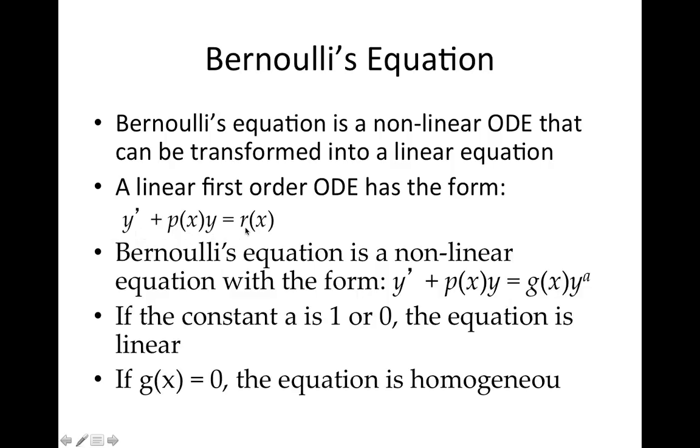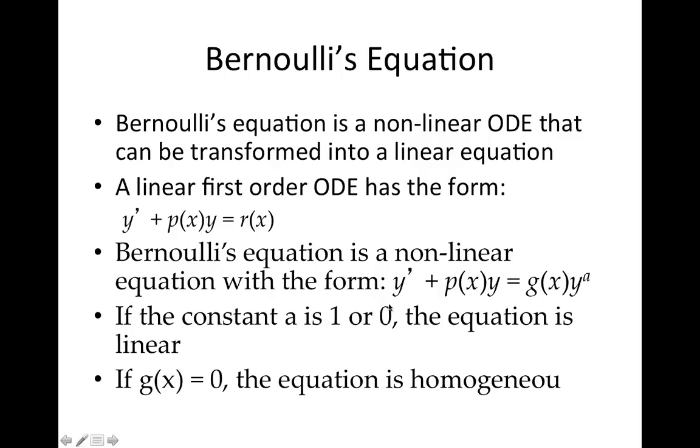You might also have some function of x that does not multiply y. If this r is equal to 0, then you have a homogeneous equation. If the r is not equal to 0, you have an inhomogeneous differential equation.